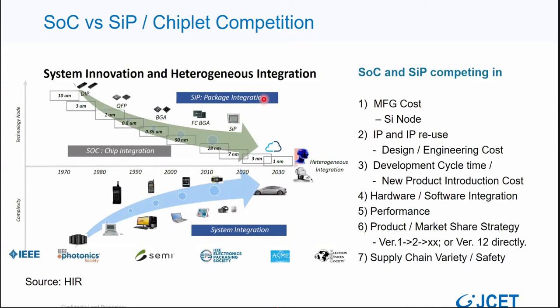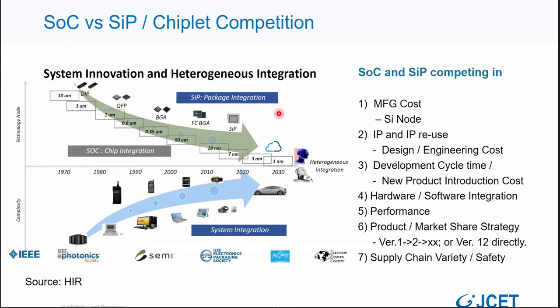You compete from the manufacturing point of view, mainly silicon node, IP and IP reuse, design and engineering cost considerations, development cycle time, new product introduction costs, and also the hardware and software integration and performance trade-off and product market share strategy. You may want to count the product as version 1, 2, 3, or you may want to consider going directly to a profit version like 12.